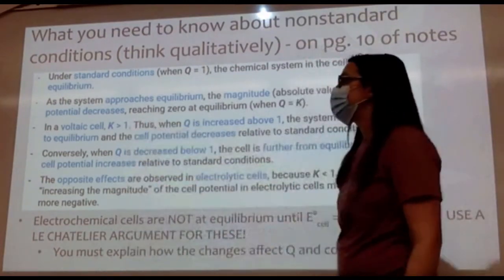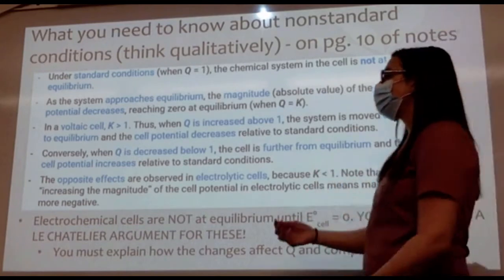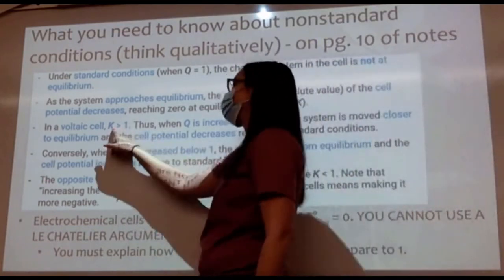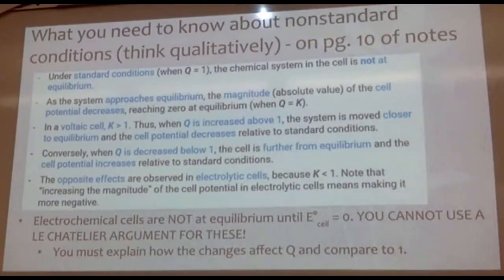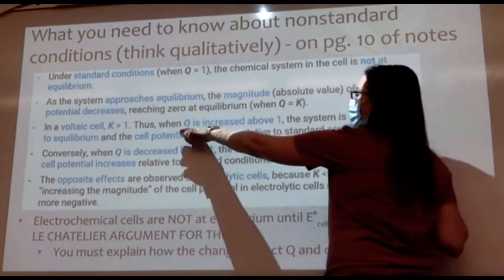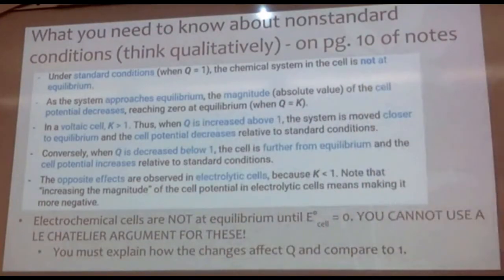In a voltaic cell or a galvanic cell, remember that we always see a positive cell potential. K is greater than 1. Equilibrium constant is greater than 1. Products are favored in a voltaic cell. So when Q is changed, we actually compare Q to 1.